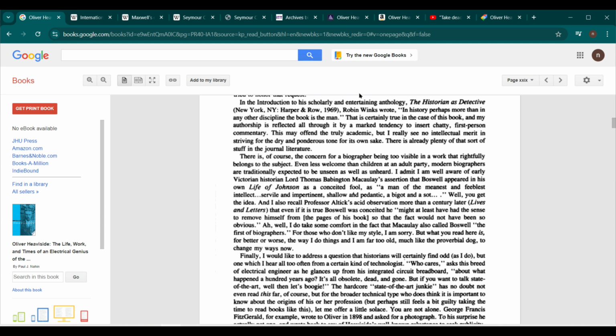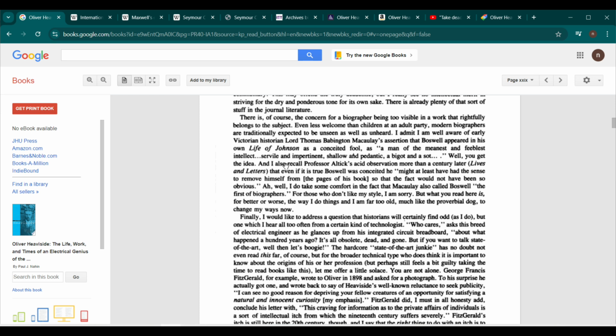So, one of the things I read earlier when I reviewed this a couple of weeks ago is that Heaviside also liked to insert his comments in even academic papers. So he would write jokes, or he would make comments about people in his papers, and that was kind of funny.